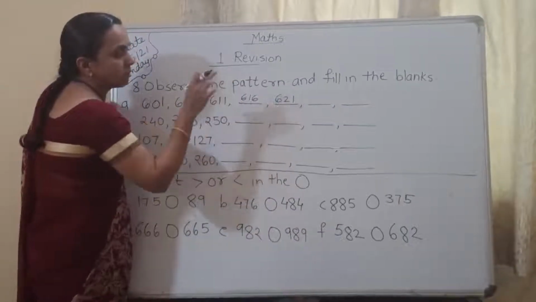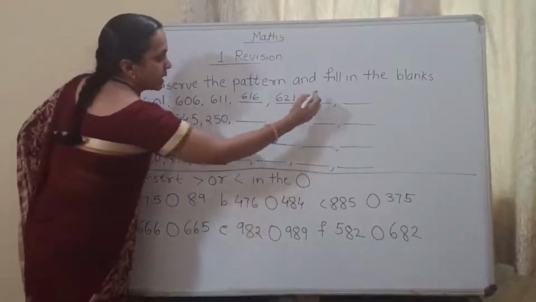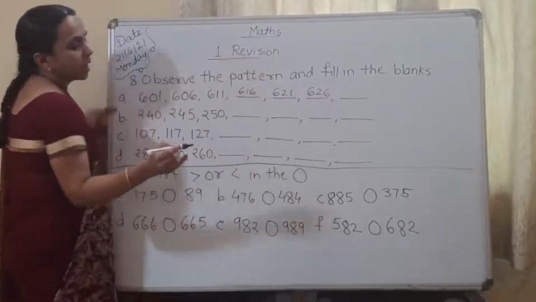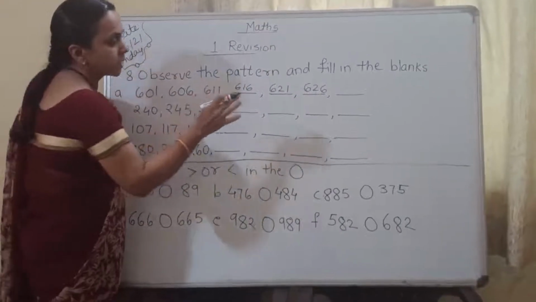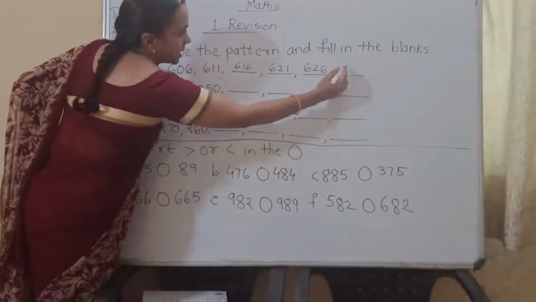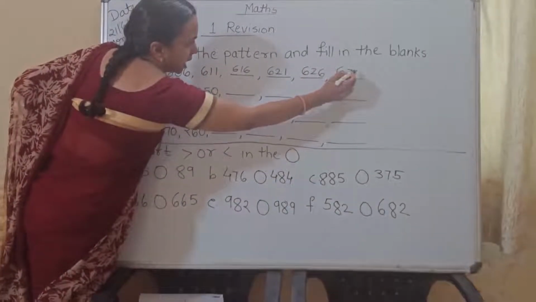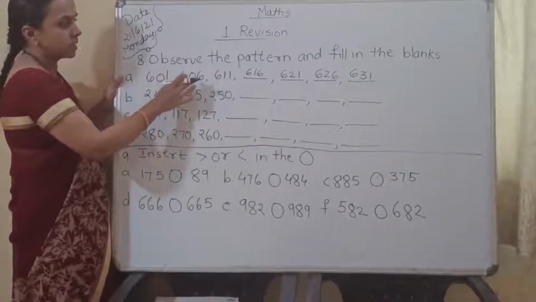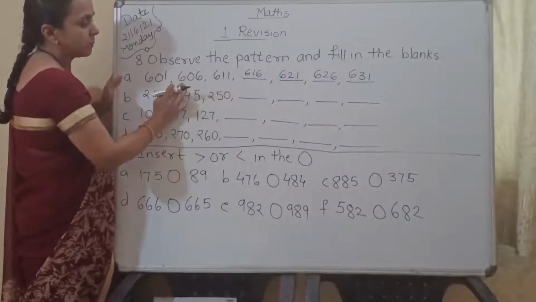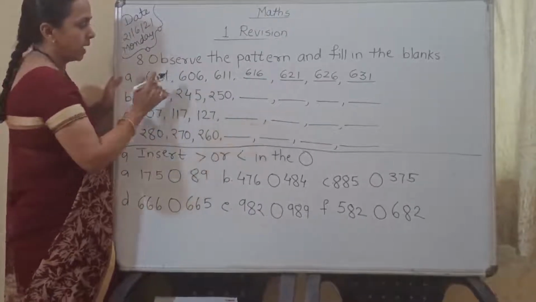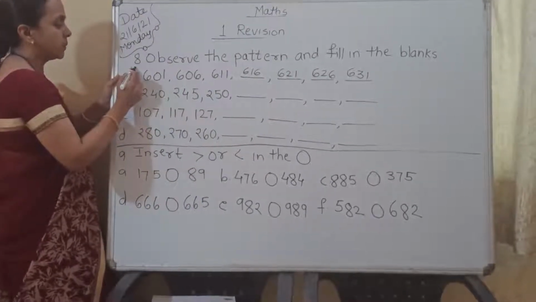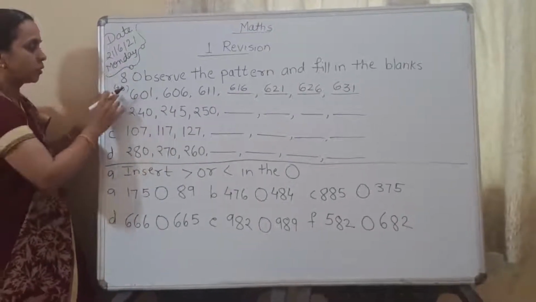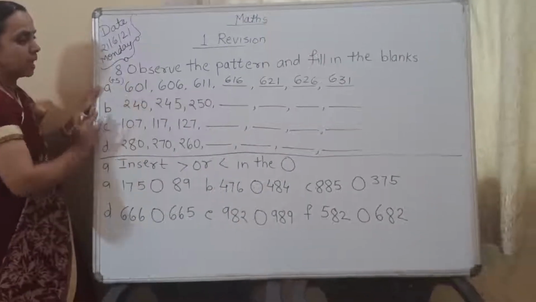Now 621 plus 5, 626. Again 626 plus 5, 631. Okay. So this is the pattern of plus 5. You can write here plus 5 in the bracket in your textbook so that you can easily understand.